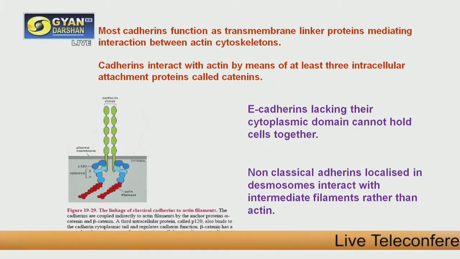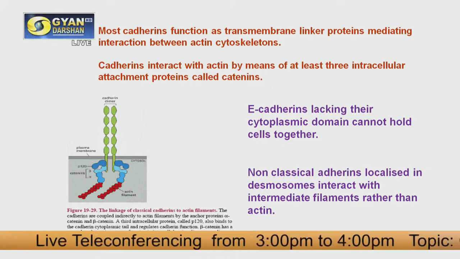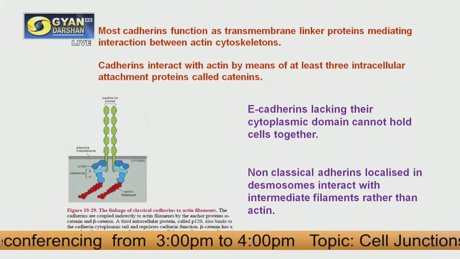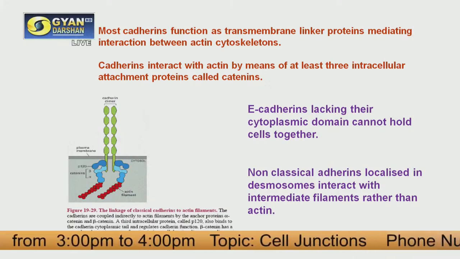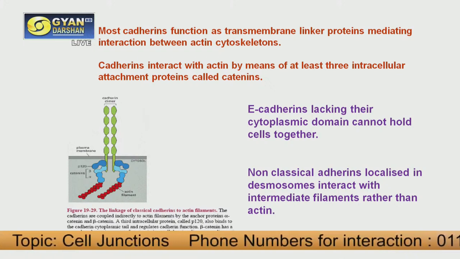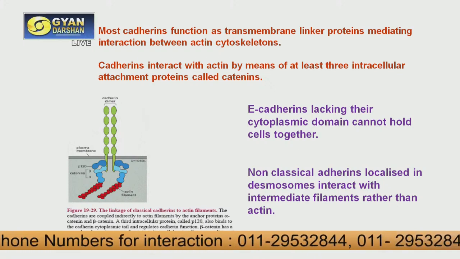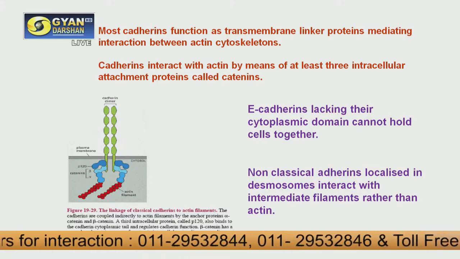So E-cadherins which lack their cytoplasmic domain also cannot hold the cells together. So I hope you understand the structure of the cadherin and how each of these domains or portions helps in attachment.